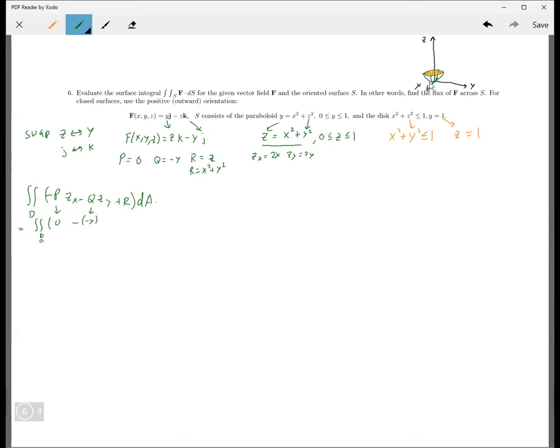So we're on the bottom part of the bowl, right? So let me think. Yeah, so that's just going to be 2Y. It's still going to point outwards.